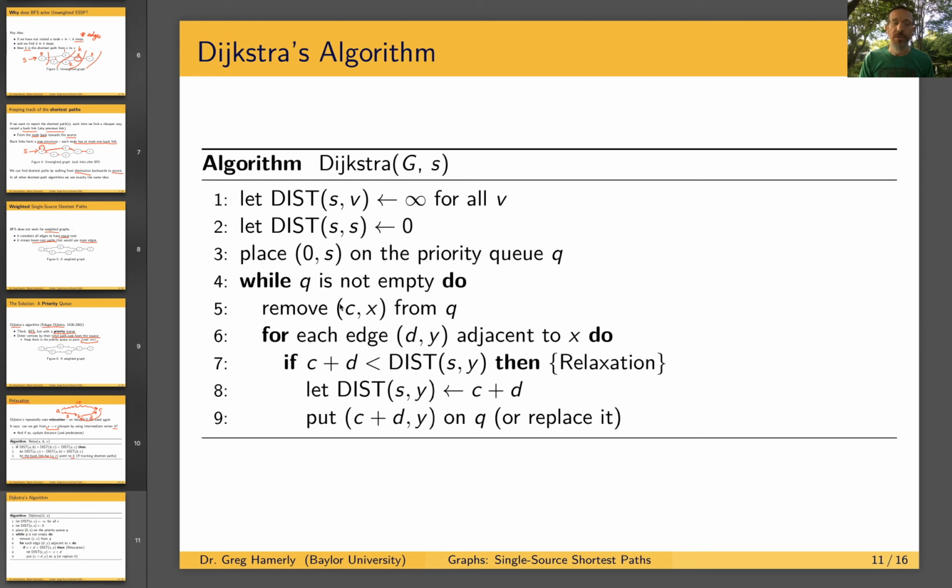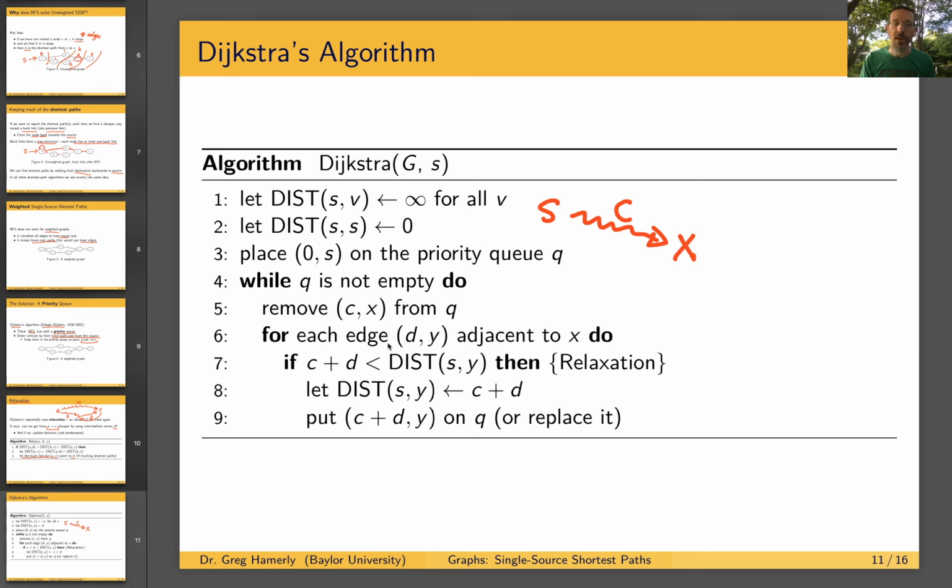So we're going to proceed as follows. While the queue is not empty, we'll remove from the priority queue the lowest cost vertex, x, with cost c. That means we have some vertex x, and we know that from the source there's some path to get to x which has cost c, and we just pulled x and its cost out of the priority queue.